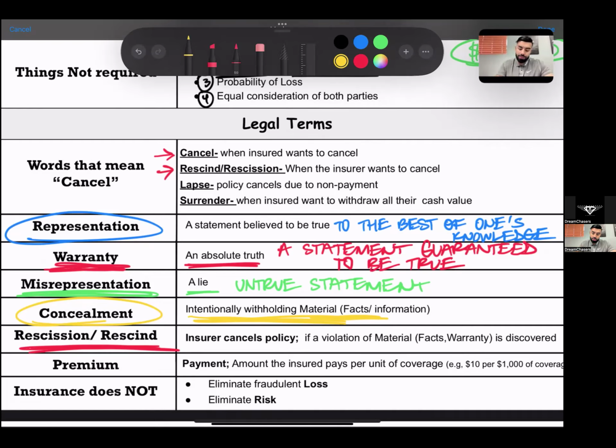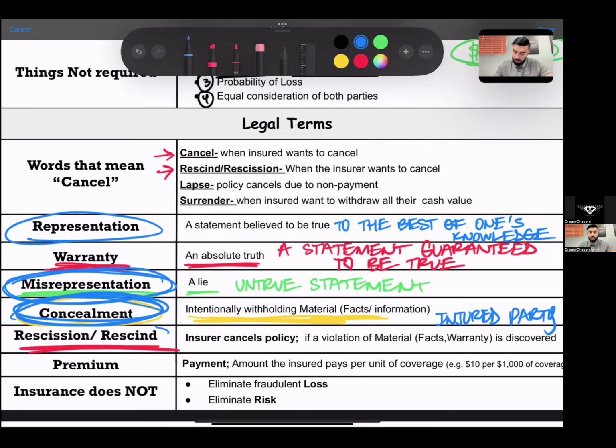So now, what does this have to do with rescission? If the individual makes a misrepresentation, meaning they're not truthful, or they conceal information, then the injured party, you might see that on the test, the injured party, meaning the party that was lied to.